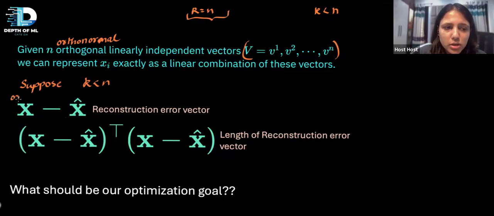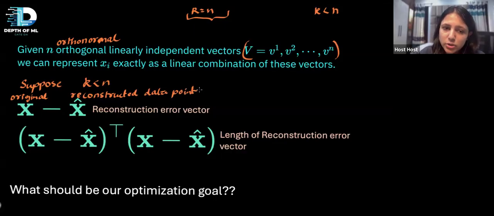This is my original data point, and this is my new data point, which is the reconstructed data point. So now I'll have some reconstruction error associated with this vector. Make sense?